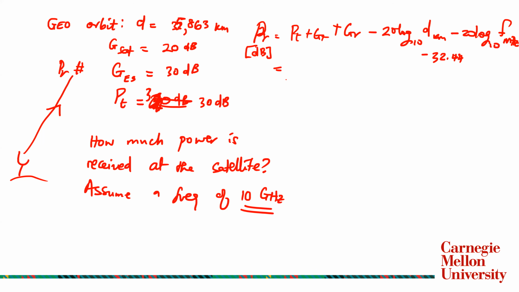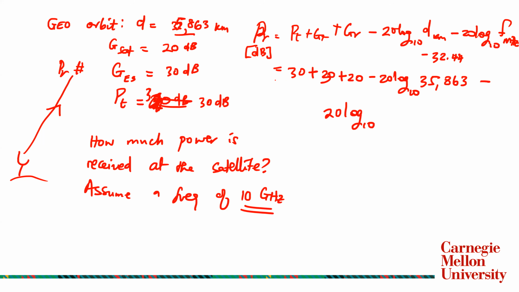So that means we have our 30 plus GT, which is 20, plus GR, which is 20, minus 20 log 10 of D, which is in kilometers, so we put 35,863, minus 20 log 10 of frequency in megahertz. If this is 10 gigahertz, in megahertz it is 10 to the power 4, because megahertz is 10 to the power 6 and 10 gigahertz is 10 to the power 10.